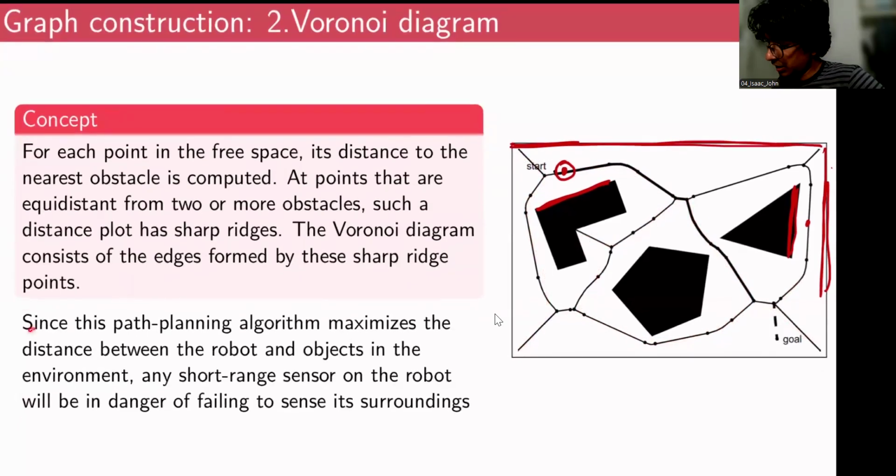Since this path planning algorithm tries to maximize the distance between the robot and the obstacles in the environment, any short range sensor on the robot will be in danger of failing to sense its surroundings.